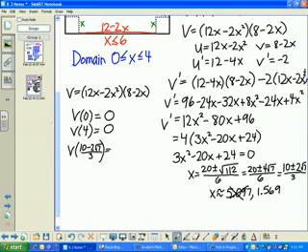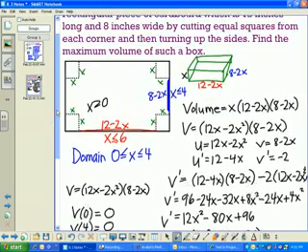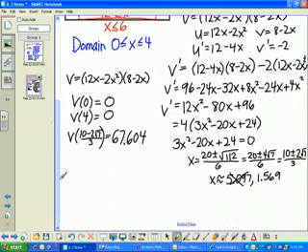And if I plug in the 10 minus 2 root 7 divided by 3, I get approximately 67.604. Let me go back and check what my dimensions should be. So the original one was 12 inches by 8 inches, so those would be inches cubed. It would be the maximum volume.